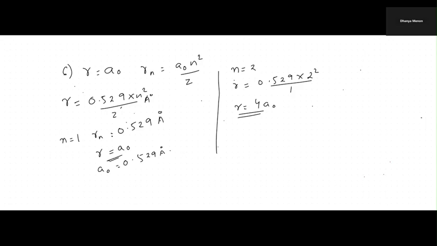Here, from Bohr's hypothesis, we also know that the angular momentum of an electron is a whole number multiple of h by 2 pi. We learned this, right?